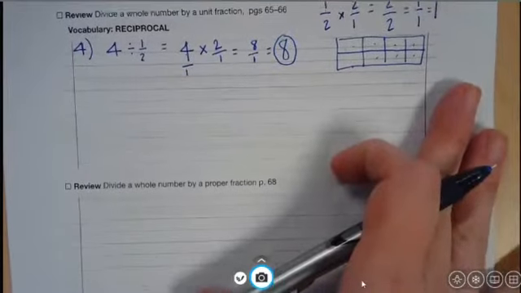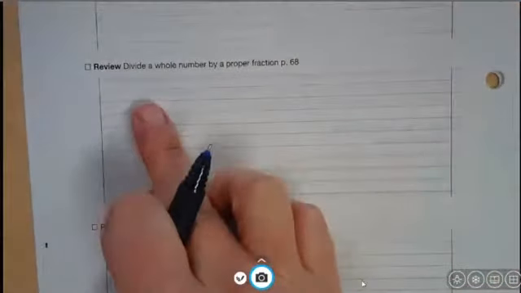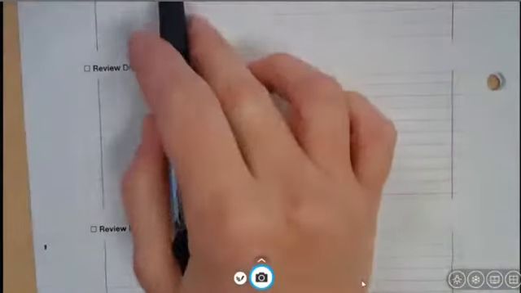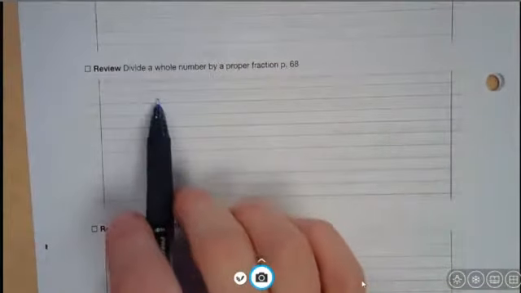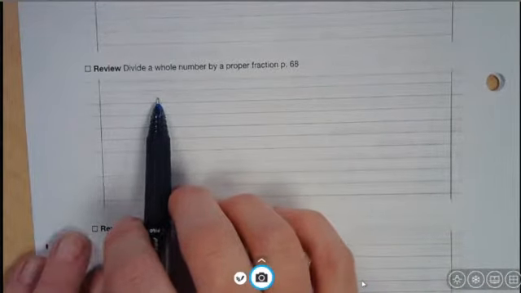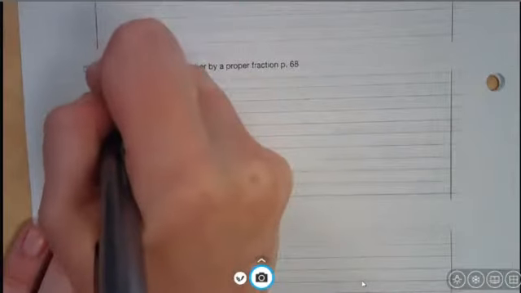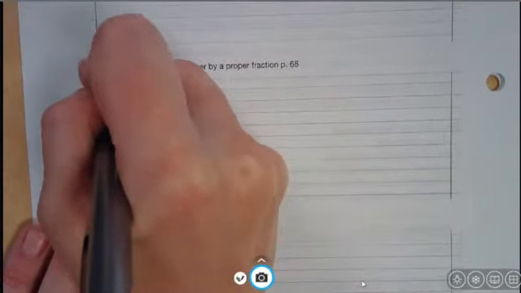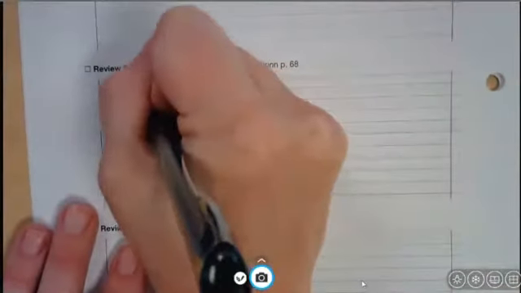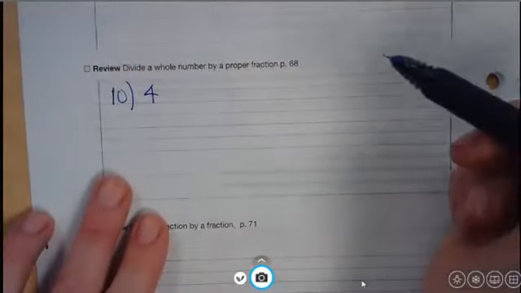Okay, I can also divide whole numbers by proper fractions. So 1/2 is a unit fraction, and then I can divide them by proper fractions. So if you go to page 69 and you look at number 10 in the guided practice, a proper fraction just means it's not improper, so the numerator is not larger than the denominator.